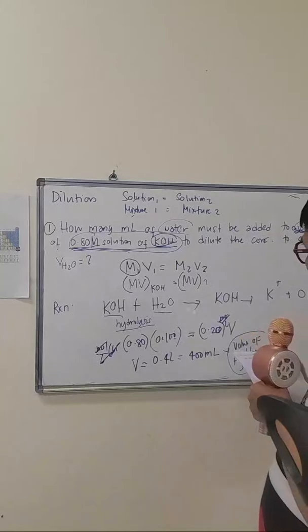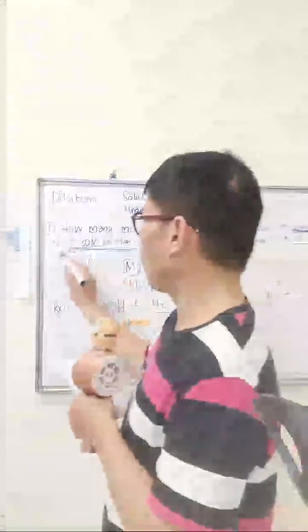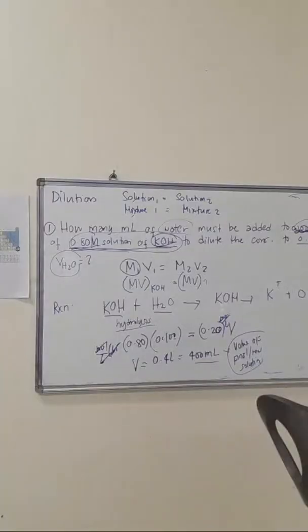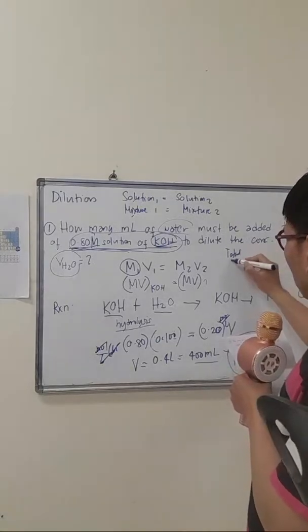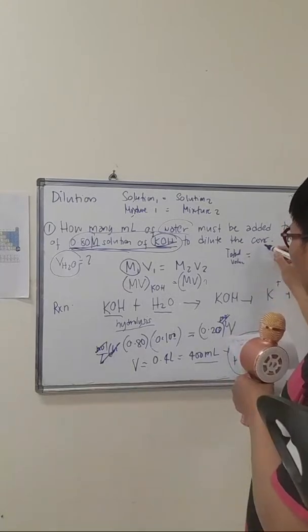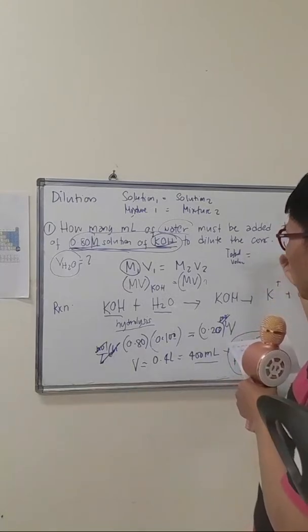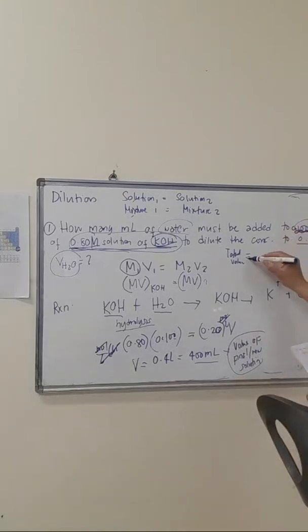Okay? And you are asked the volume of water. So it's very evident that the total volume is equal to the volume you are going to add, which is unknown, plus the volume of the solute.